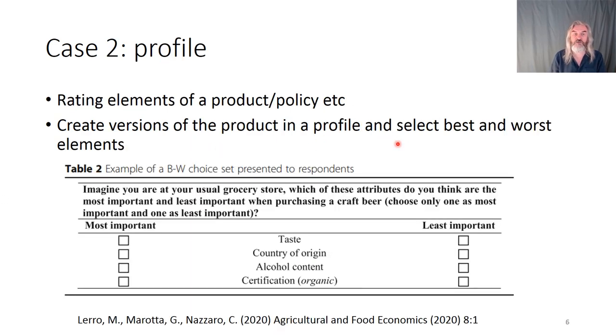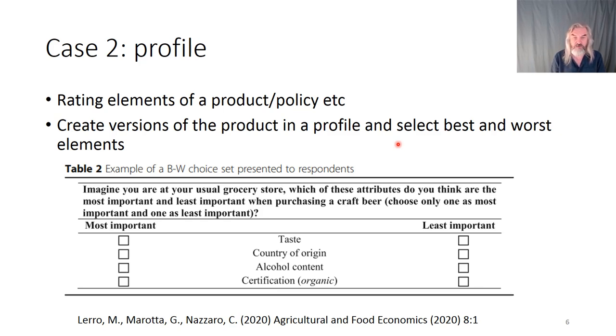Case 2 is what is known as the profile approach. That's where you might have a product or a policy which contains multiple attributes, and what we're interested in is which elements of that product or policy, or whatever the item is that we're evaluating, are the most important. So you construct a version of the product.